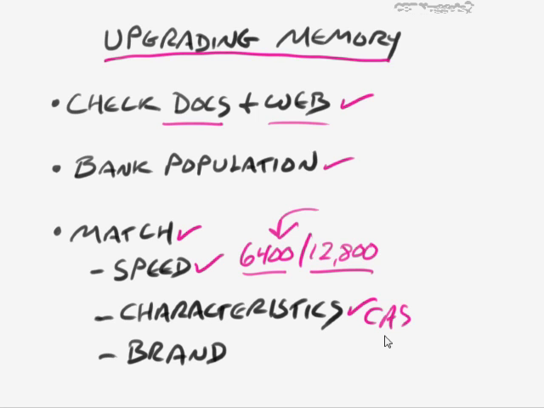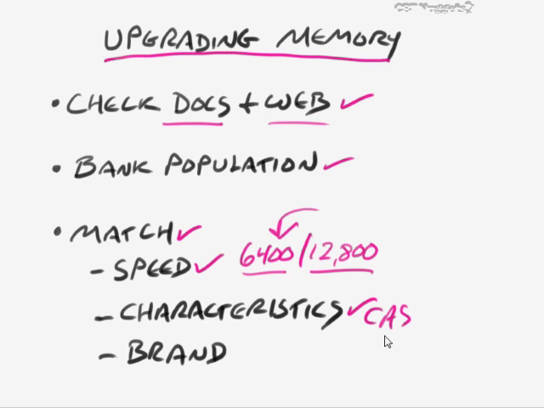So, for example, something that's rated as CAS 2 might have to wait 2 clock cycles for that memory to get to where it needs to go on the pins of the RAM, whereas CAS 3 might take 3 clock cycles. Now, not everything is equal in all respects. Something might look slower, CAS 3, it takes 3 clock cycles, but it might operate at faster megahertz than the CAS 2.